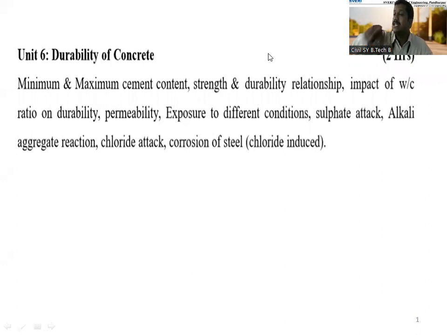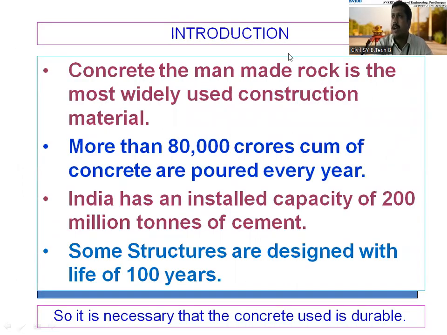Now, what is that durability? Let us discuss the definition. Before that, let us have some introductory part. So concrete, the man-made rock, is the most widely used construction material. Everyone knows. These are slightly older figures you will see in the presentation.